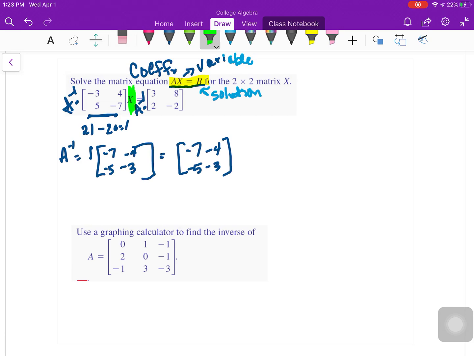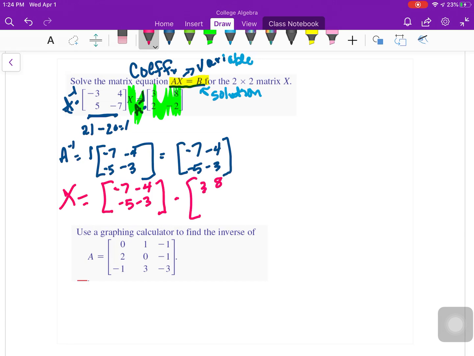To find matrix X, we have to take A inverse times 3, 8, 2, -2. So to find X, I take A inverse, -7, -4, -5, -3, times 3, 8, 2, -2.